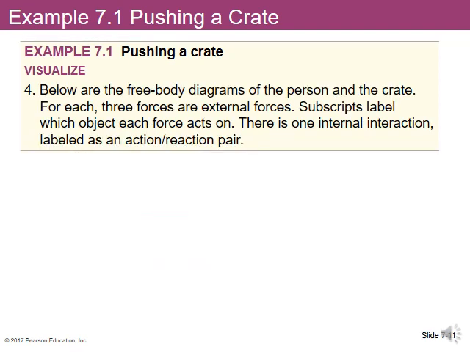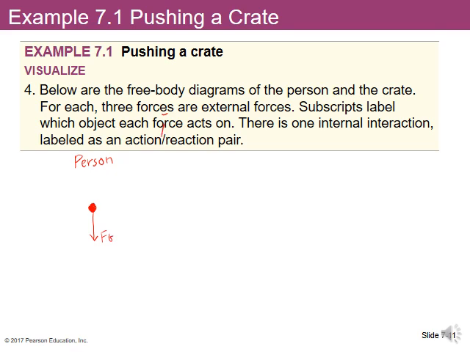Now let's think about translating that into free body diagrams for the person and the crate, right? So if we have the person, what forces are acting on the person right now? Well, we have the force of gravity, right, from the Earth.